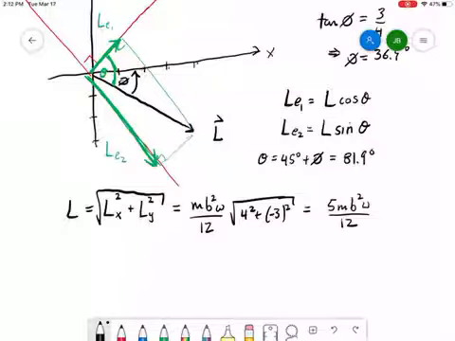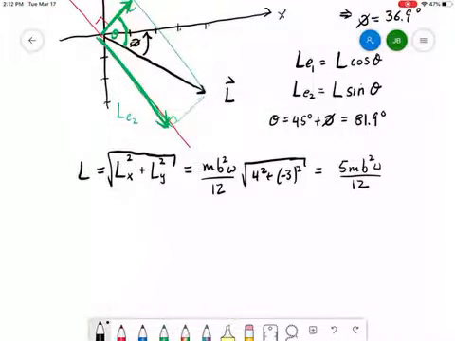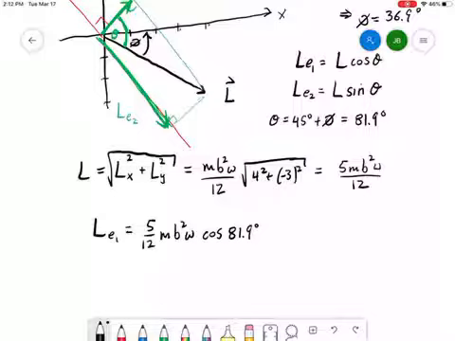So LE1 is L, 5 over 12 mb squared omega, and then the cosine of 81.9 degrees.